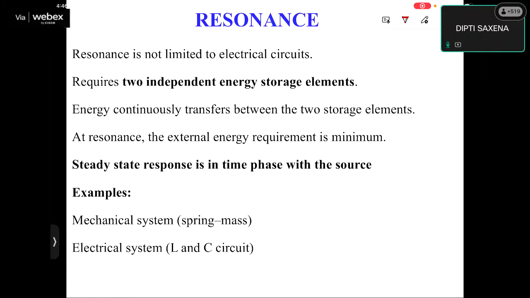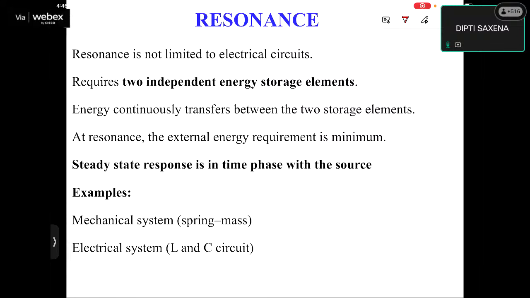Resonance basically occurs when the driving frequency is equal to the natural frequency of the system, and it is characterized by the increase in certain parameters, and that property can be used to make the circuit an amplifier wherever needed.